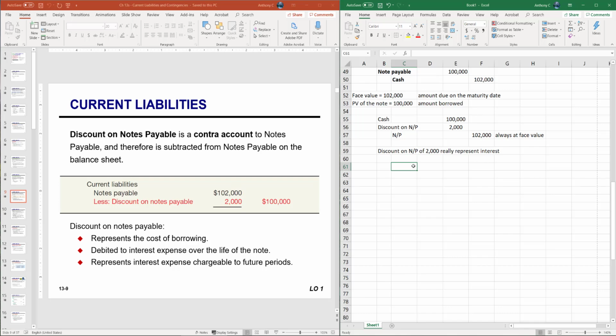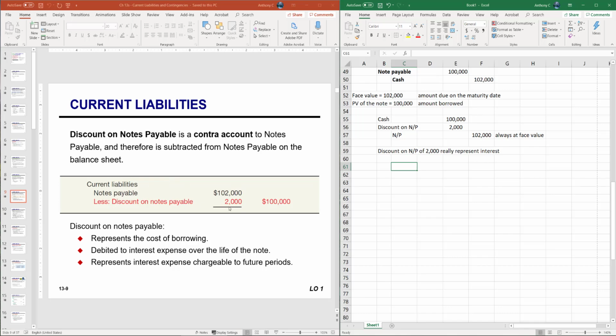Right, just to make sure we're covering all the bases, your discount on the notes payable is a contra account. What that means is it offsets the value of the note to get to your book value. So in other words, on the issue date, our face value is 102 for the note payable.